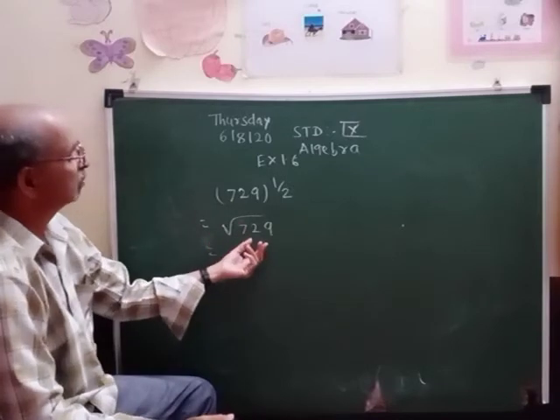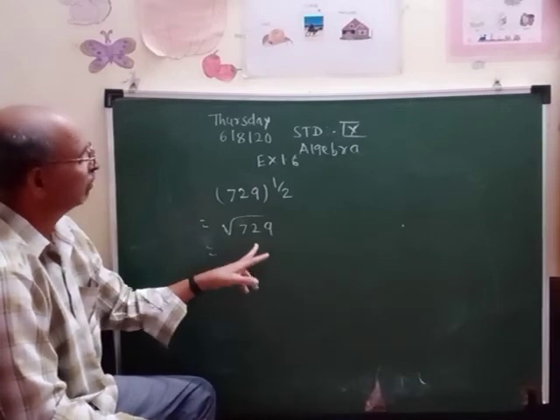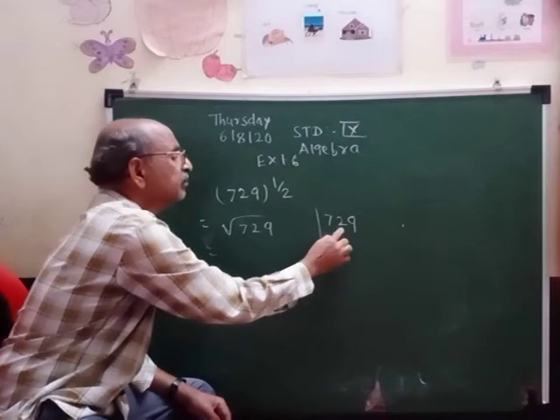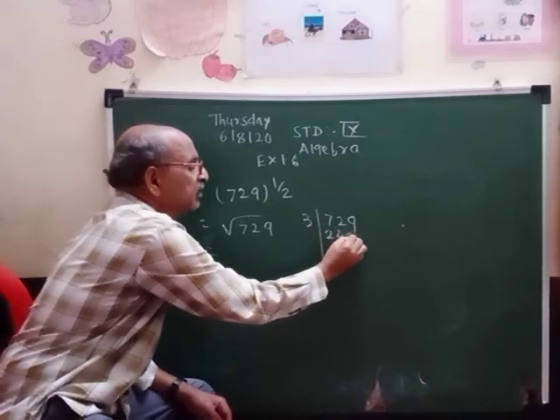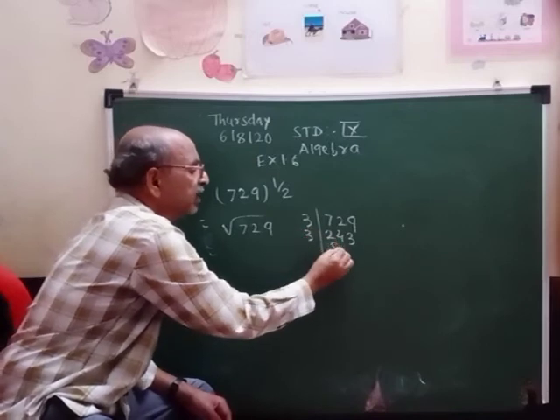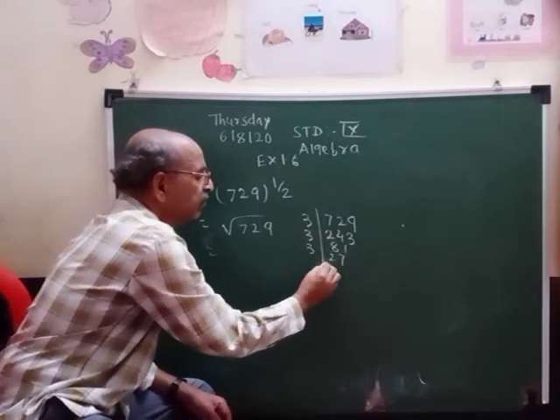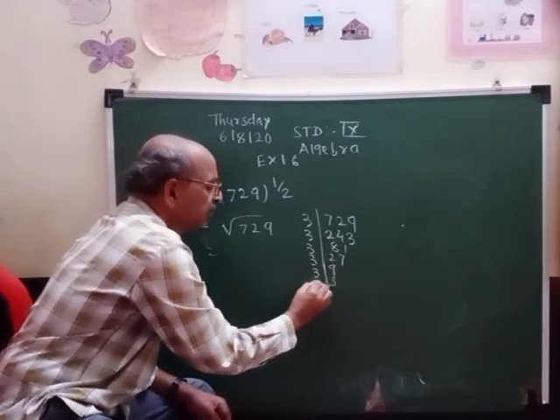If you know the squares, 1 square is 1, 2 square is 4, and otherwise you can find the square root by using the prime factor method. So 3 6s are 18, remainder 1; 3 4s are 12; 3 3s are 9; 3 8s are 24; 3 1s are 3; 3 27s are 81; 3 9s are 27; 3 3s are 9; and 3 1s are 3.